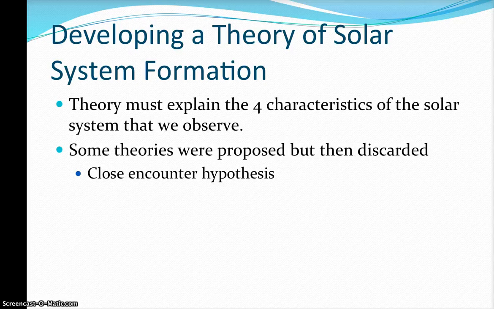The problem with this is that you would never observe such an orderly solar system resulting from successive captures of objects. There's virtually no possibility that they would all be rotating in the same direction, and the same thing with their planets. There would be much more random motion.